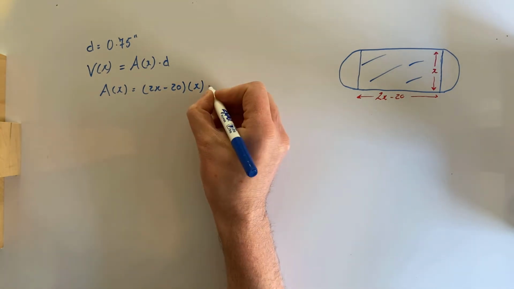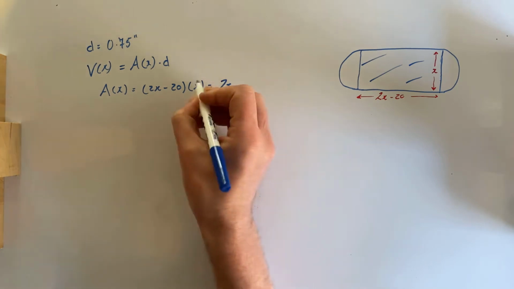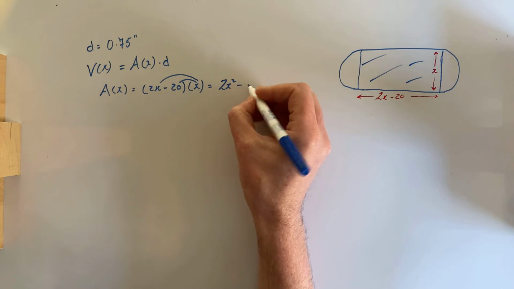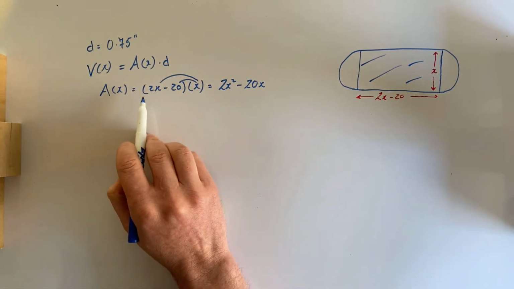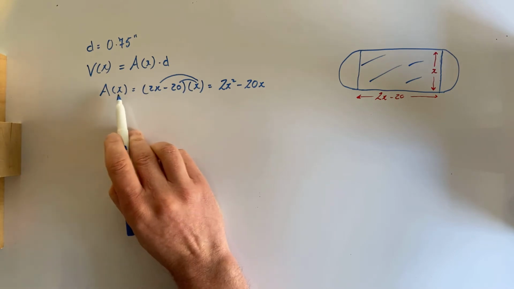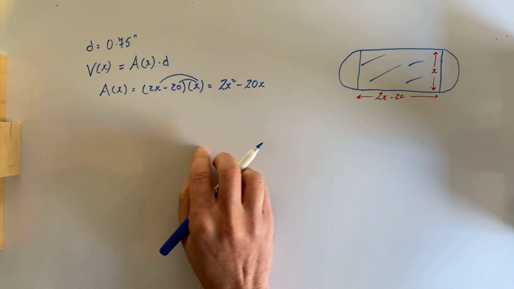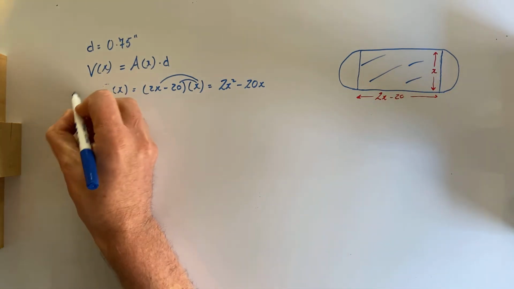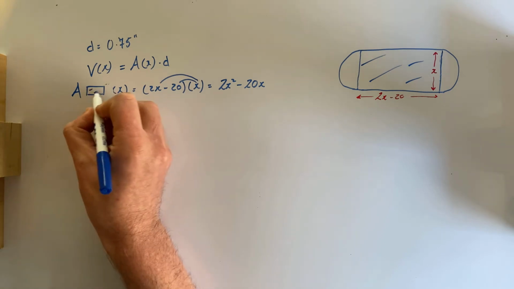And so the area as a function of x, distributing in my x, is 2x squared minus 20x. And that is the area of the rectangular piece right there.